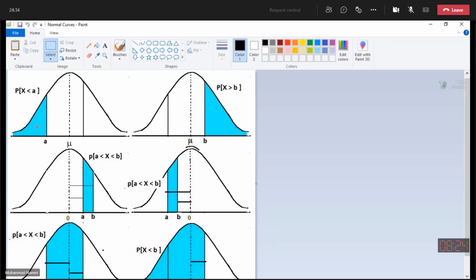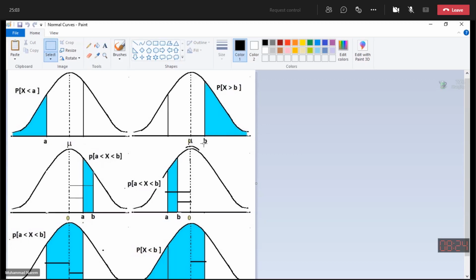Either we need to find the probability for this region, that means the probability for x less than a. When we need the probability for x greater than b, this b point may be here or here, anywhere on this x-axis. But we find the probability for all the points which are greater than this fixed point b.